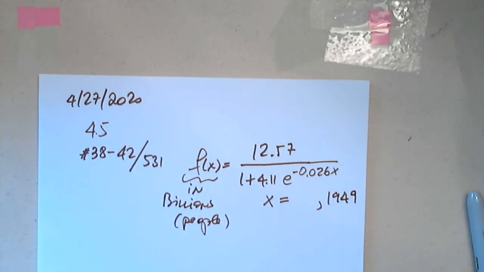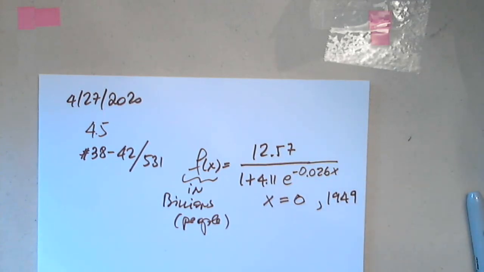X years, the number of years after 1949. So what do we conclude 1949 represents? Going to be 0? Yes, of course. That's the initial value, initial time frame.